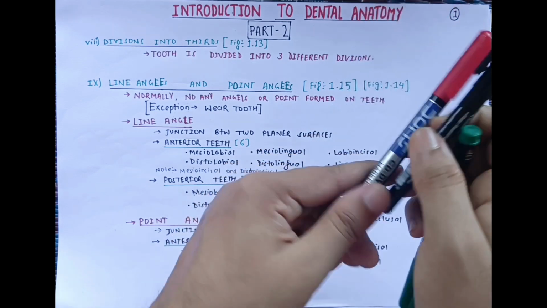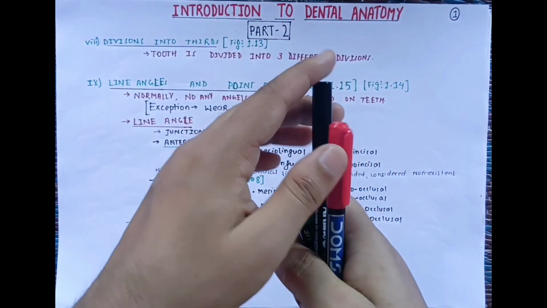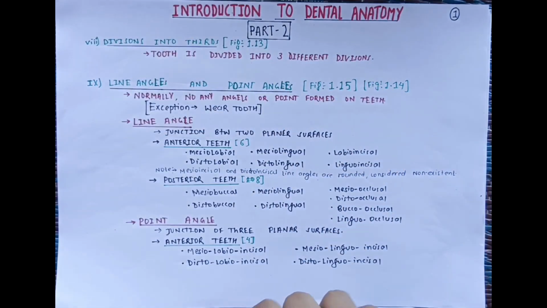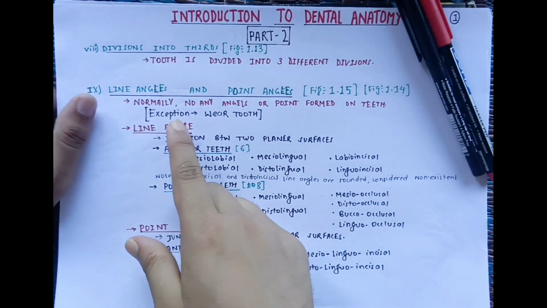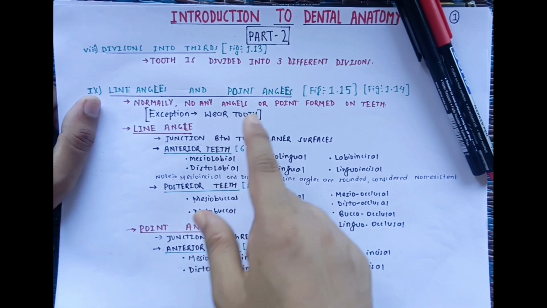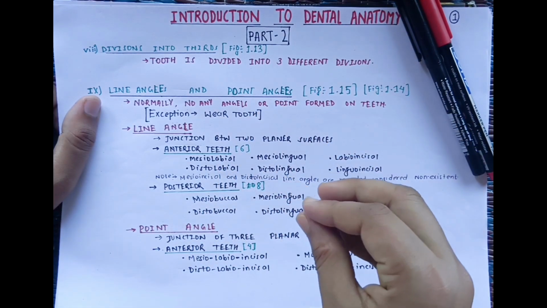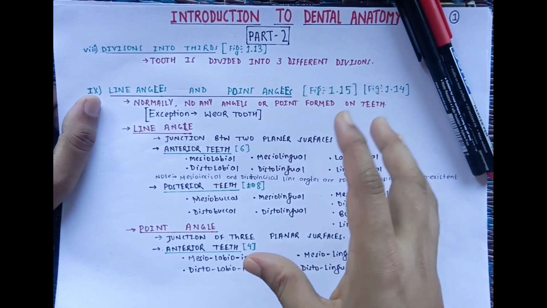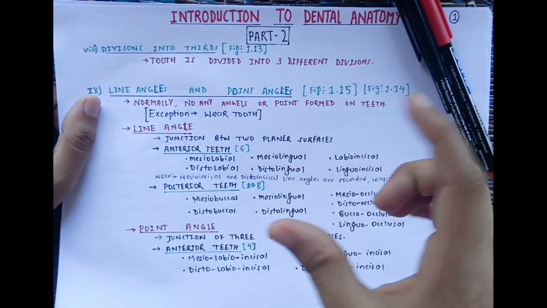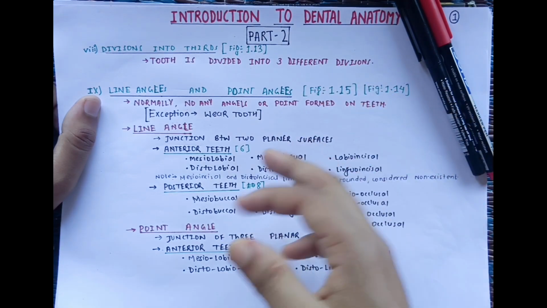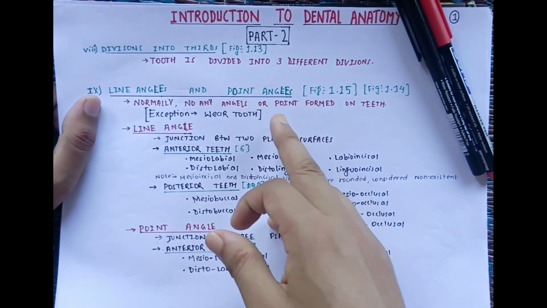So it is similar here also as we studied in conservative. As I have written here, normally no angles or points are formed on the teeth, which tells us that normally in a natural tooth there is the absence of any kind of angles or points.